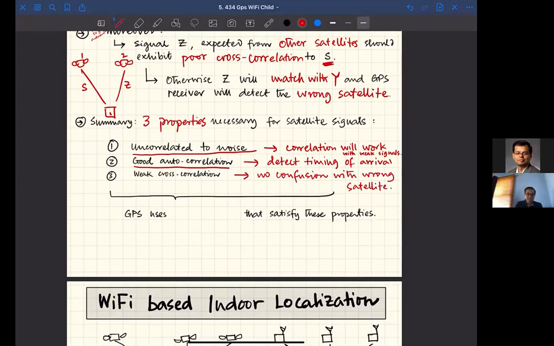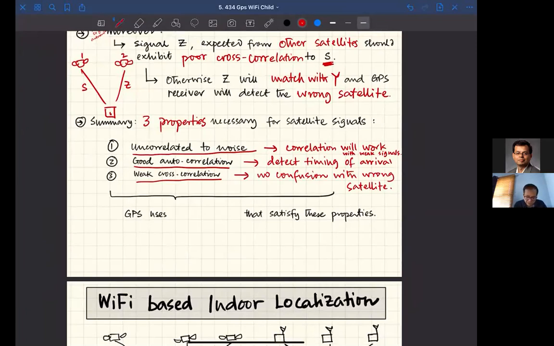Right? So satellite signals should be designed with 3 properties in mind so that at the end, the GPS receiver knows which satellite is there through correlation. Even though the signal is weak, it can figure that out and knows the timing of the signal's arrival and does not get confused by other satellites.